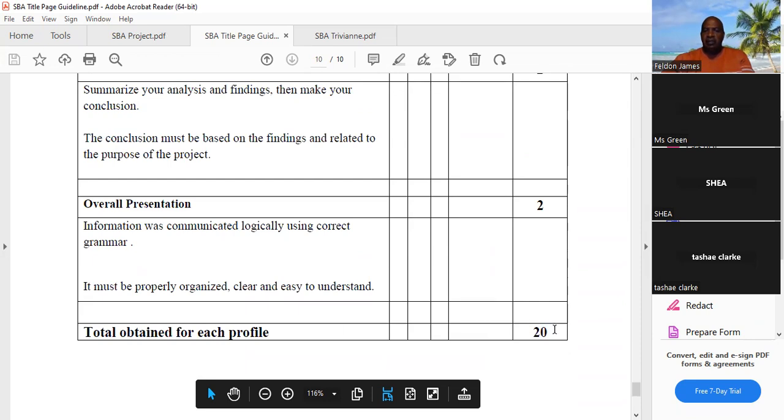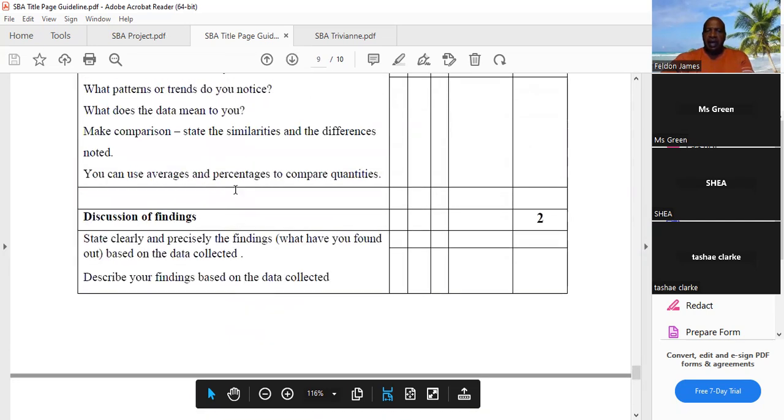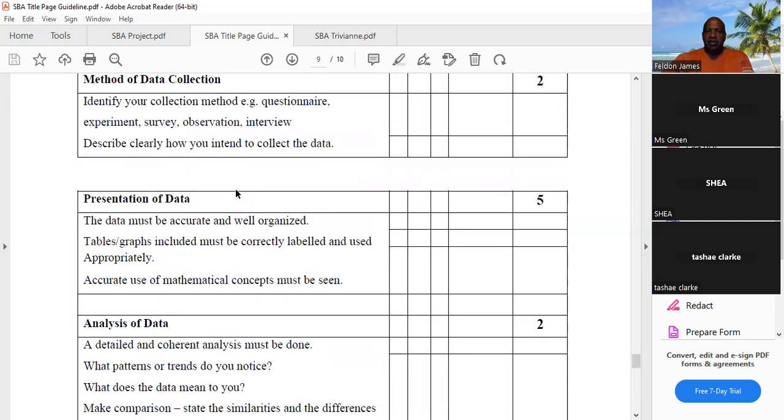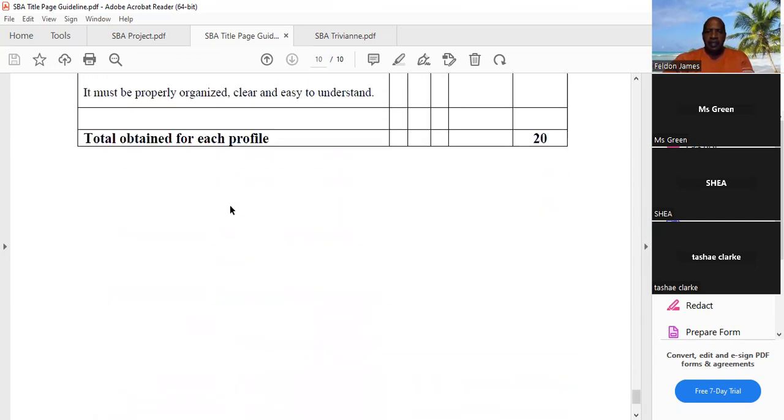And the total marks will be 20. So your work will be marked based on these criteria, and your marks will be out of 20. Any question? Is there any question about what is expected of you for the SBA?